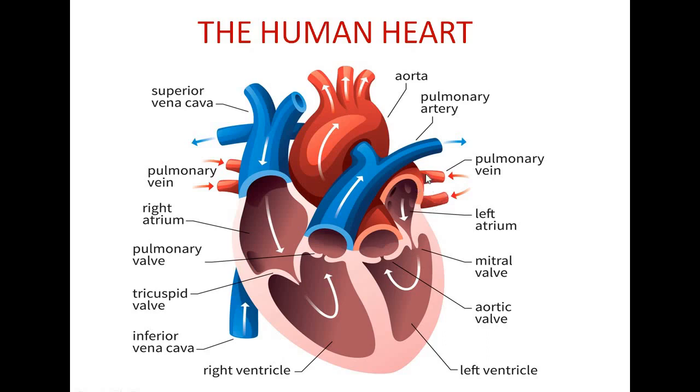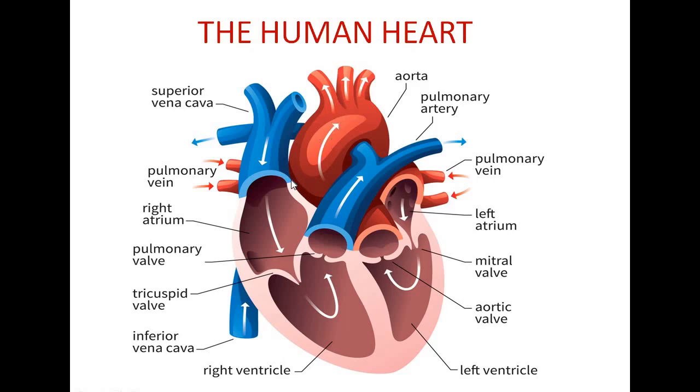That means the function of the pulmonary vein is to carry oxygenated blood from the lungs to the left auricle. Finally, the oxygenated blood from the left ventricle passes through the aorta. That means the function of the aorta is to carry pure blood from the left ventricle to different parts of the body.